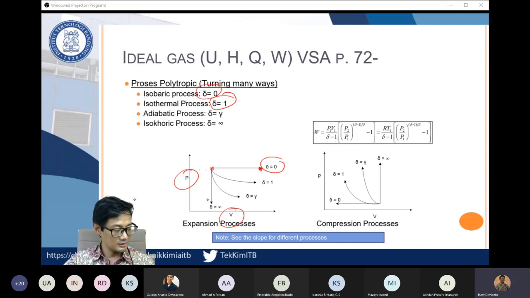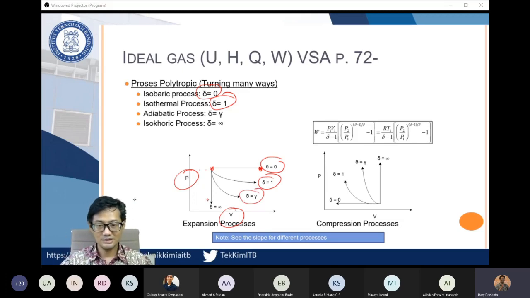To distinguish which one is isothermal and which one is adiabatic, just make sure adiabatic is always steeper compared with the isothermal condition. And for the same volume, this would be the same. And remember what Pasanggono mentioned, in the expansion case, the volume will always increase, except for the isochoric or isometric process, because the initial volume and the final volume remain the same.